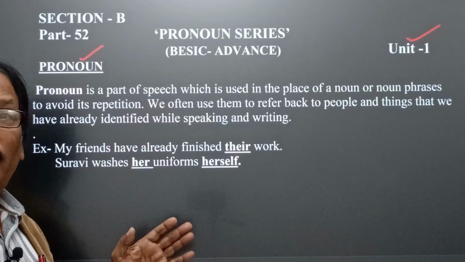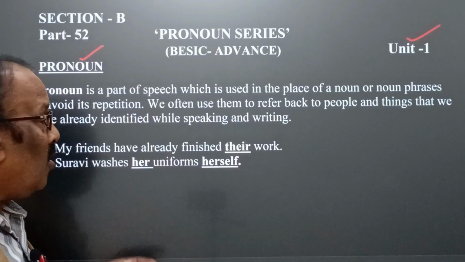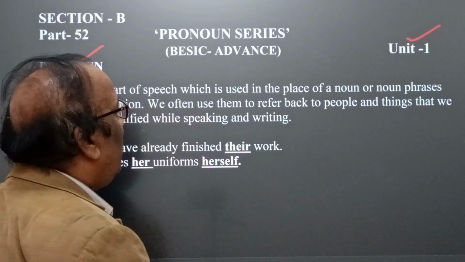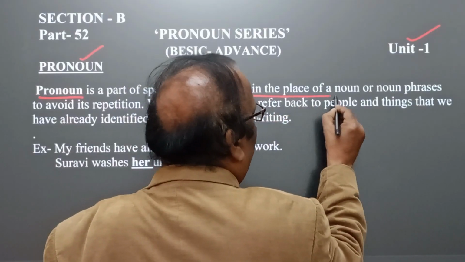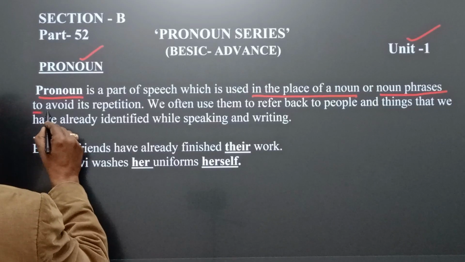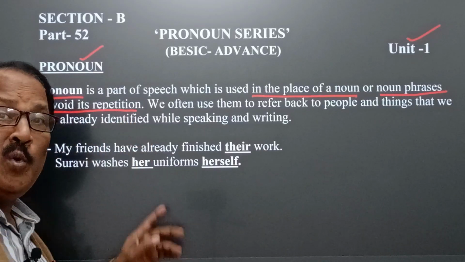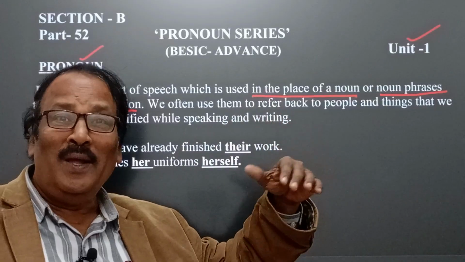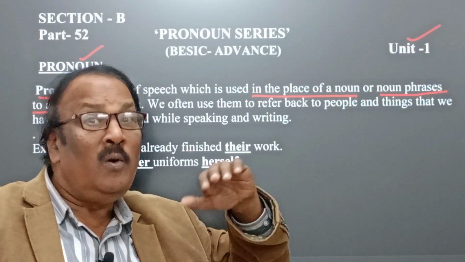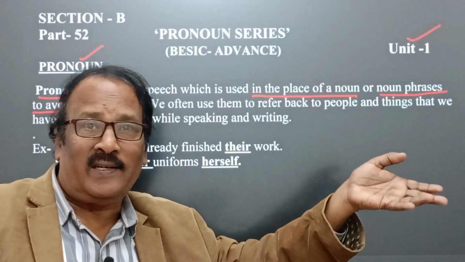Let's see the definition of a pronoun. A pronoun is a part of speech which is used in place of a noun or noun phrase to avoid its repetition. This is important. Whenever we use nouns again and again, we feel uncomfortable and it is not decent.